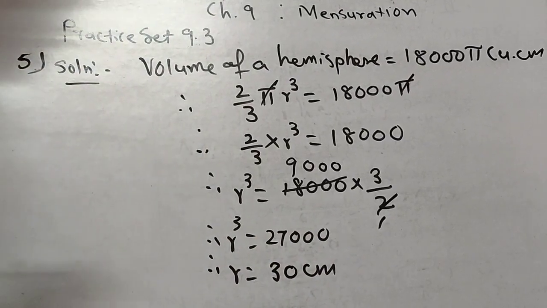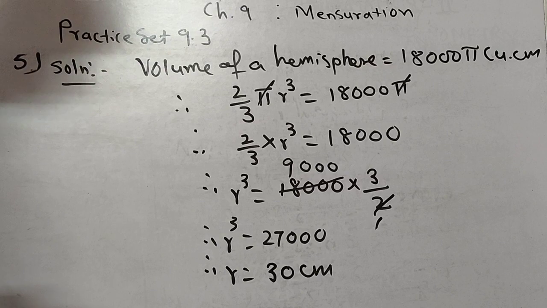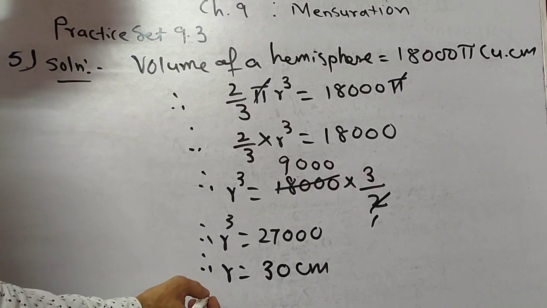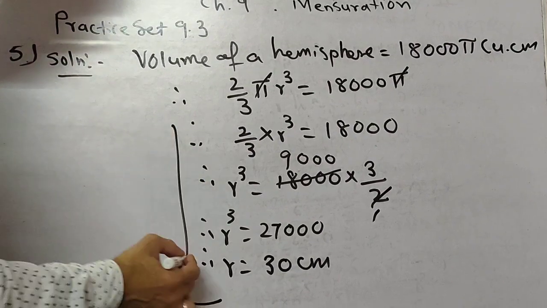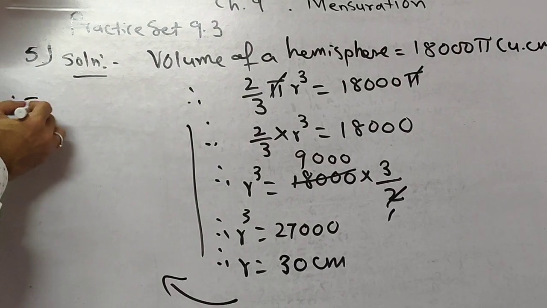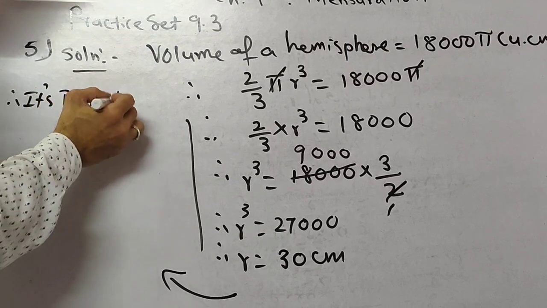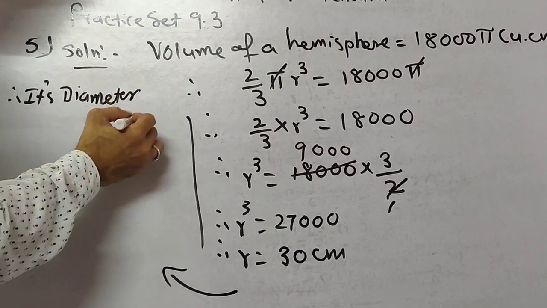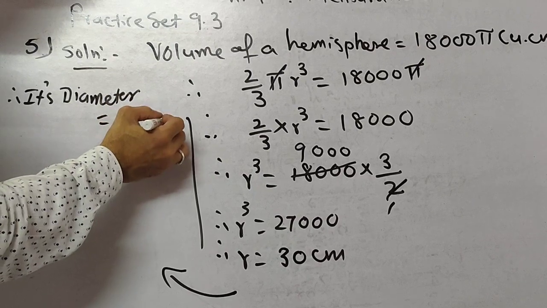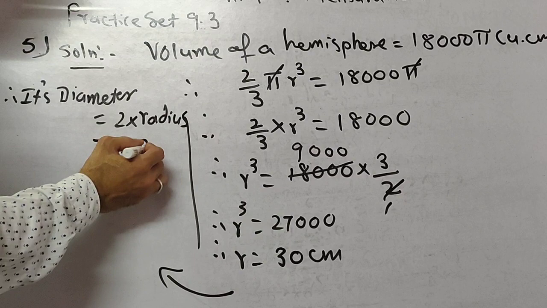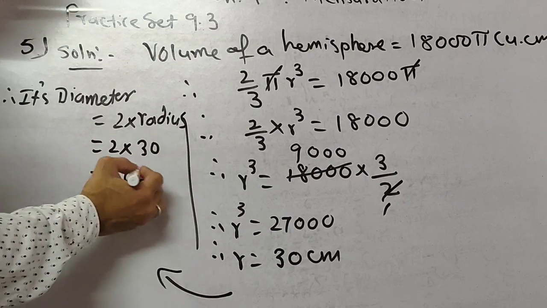Okay, R you got is 30, but we want diameter. Find its diameter. Therefore its diameter is equal to 2 into radius, that is 2 into 30, that is 60 centimeter.